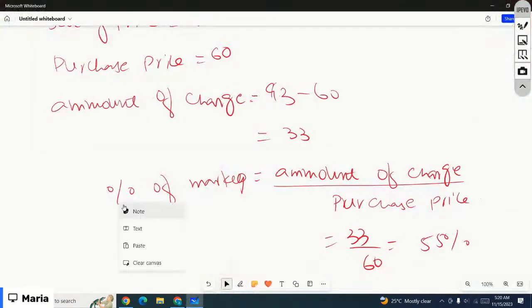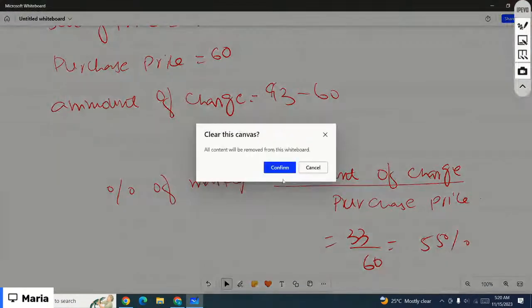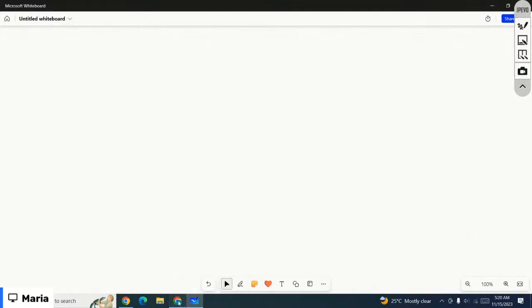You have to follow exactly the same method. Purchase price is $75 and the selling price is 117.